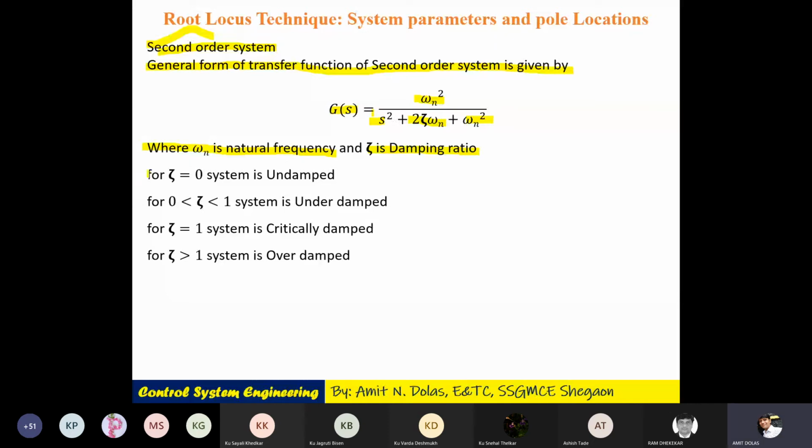So there are several conditions. For zeta equal to 0, the system is undamped. For zeta value 0 to 1, it is an underdamped system. For zeta value 1, it is critically damped. And if zeta is greater than 1, it is an overdamped system.